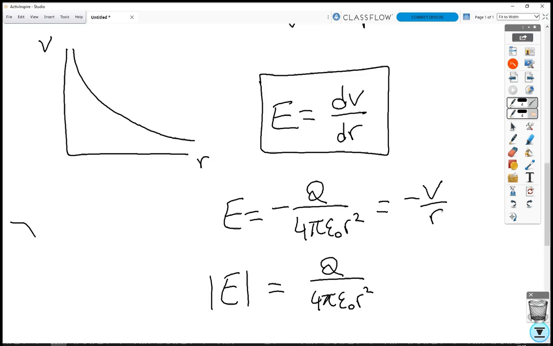Now if we were to graph that, we would basically have to extend this line down. And then I would put E on this side, because it's over r squared, it's going to fall a lot quicker than it did with V.